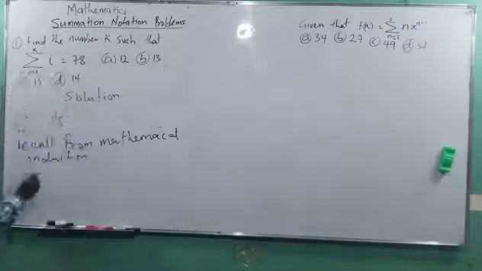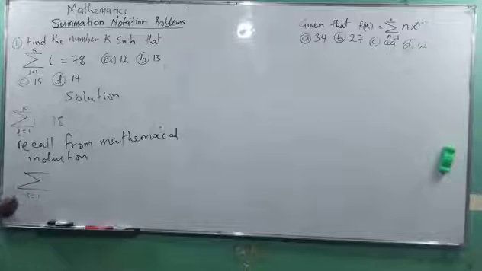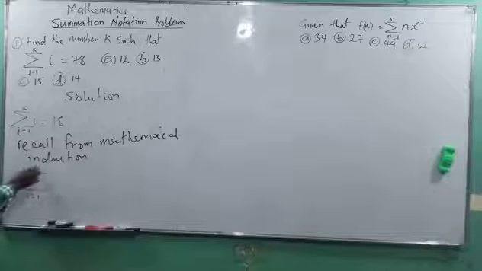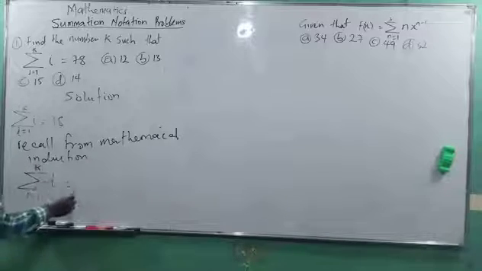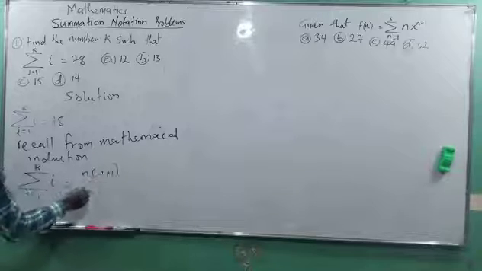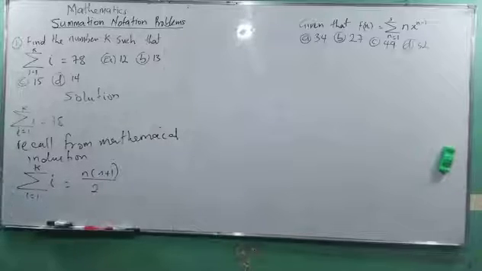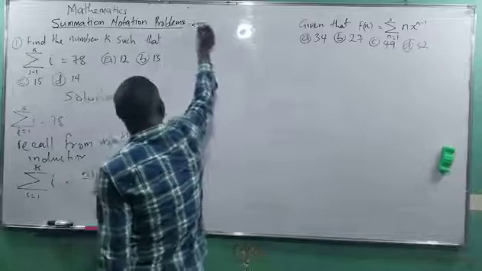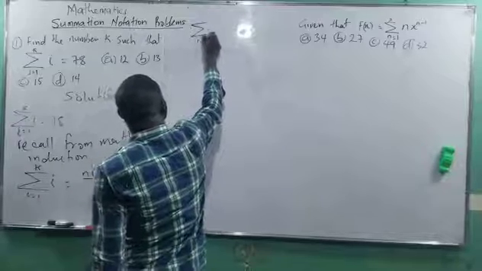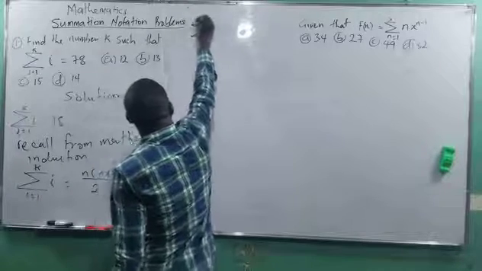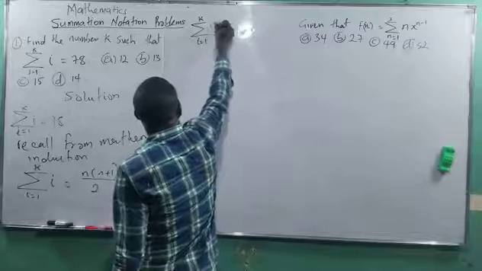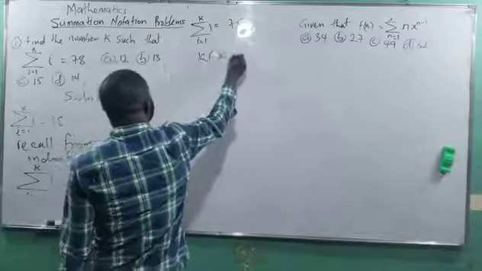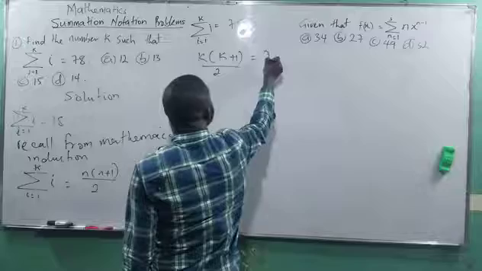Normally we have a summation of i from 1 to n. Let me use k this time around because the story has changed. The sum of i equals n times (n plus 1) divided by 2. That is what it is all about. So the sum of i from 1 to k, which is 78, will equal k times (k plus 1) all over 2 equals 78.